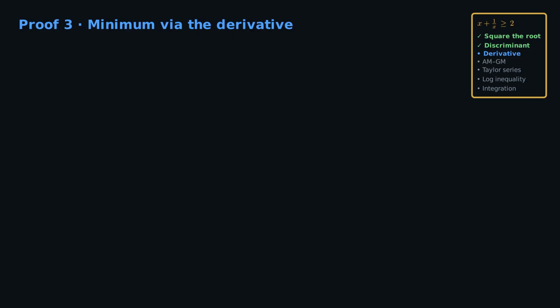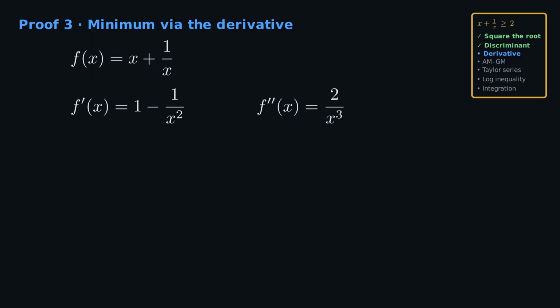Proof 3. Find the minimum of a function using the derivative. Set f of x equal to x plus 1 over x. f prime of x is then equal to 1 minus 1 over x squared, and f double prime of x is equal to 2 over x cubed. We want to find when the first derivative is equal to 0. f prime of x is equal to 0 when x is equal to 1.